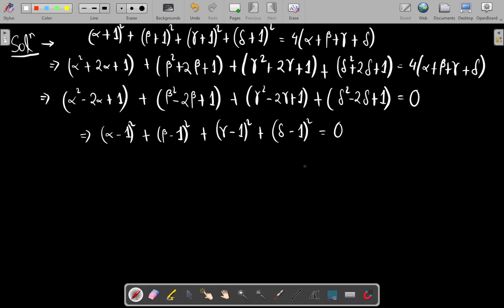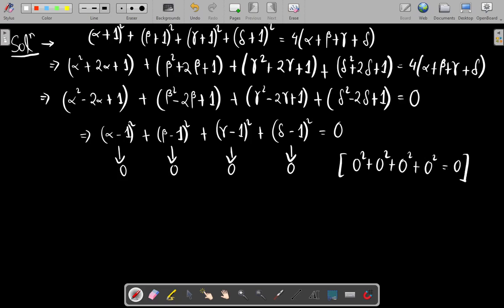Now assuming α, β, γ, δ are all real, each is a whole square, so each is non-negative. So the sum of 4 non-negative terms is 0. This implies each of them has to be equal to 0, because only 0² + 0² + 0² + 0² will give you 0 for reals.